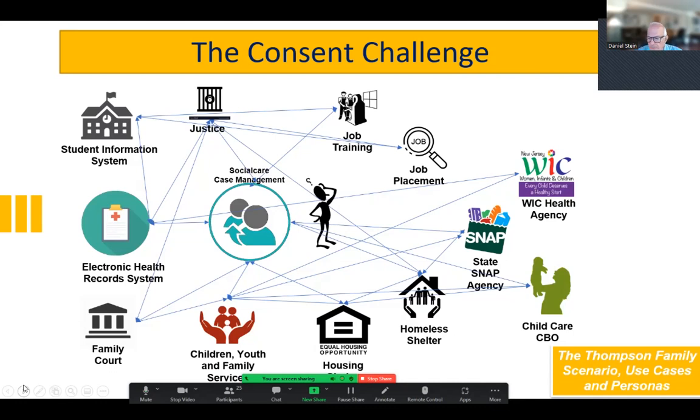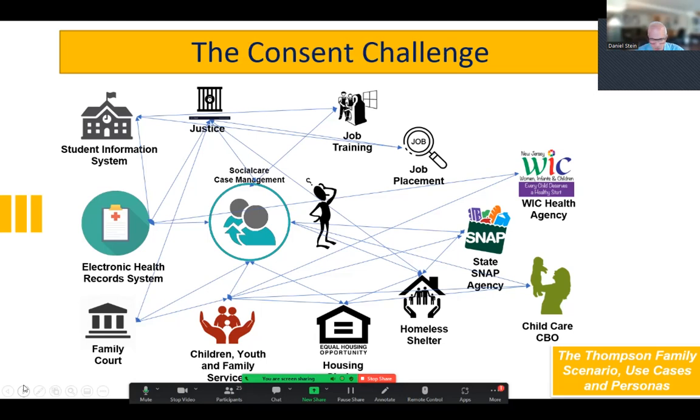I'll call out a use case, actually more of a scenario, that we developed over the course of a couple of years under, as I said, the Integrated Care for Kids. We spent some time creating a scenario that could embody virtually all of these. We came up with a scenario we call the Thompson family, which includes a variety of use cases and personas. Within that scenario, we've created a number of demos, and Brian Hanspicker, who's on the call, really led that charge, and we'll talk about a little bit of that later.